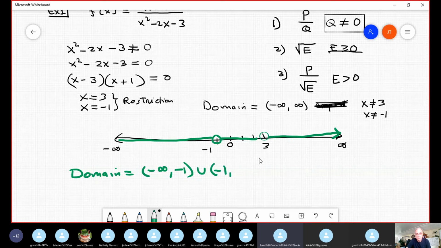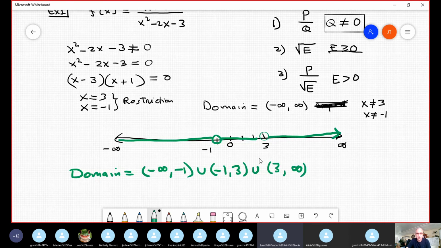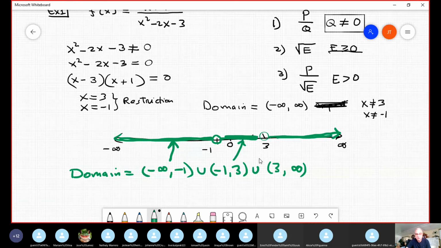Negative 1 to 3 is okay. And also from 3 to plus infinity. Super, because we have 3 pieces. Look, one piece is this, this piece is this, and this piece is this. Everyone follow me? Do you understand very well?